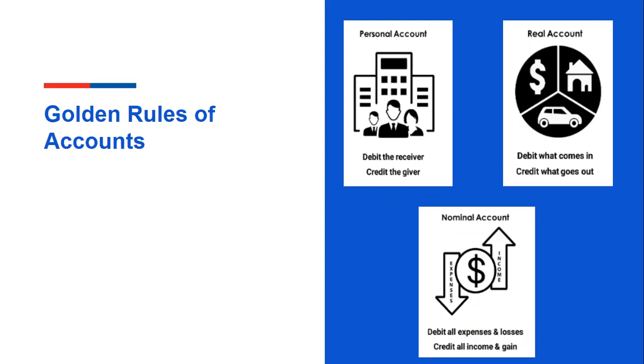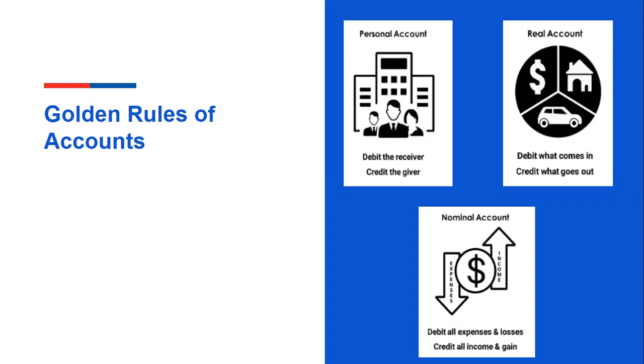And the last is nominal account. A nominal account is a general account that you close at the end of each accounting year, relating to business expenses, income, gains and losses. The nominal accounts are expenses, losses, income and gains.